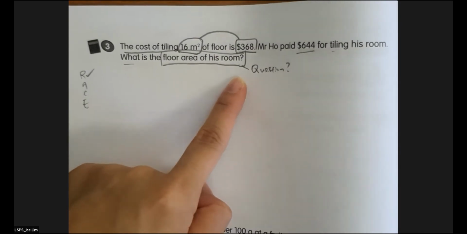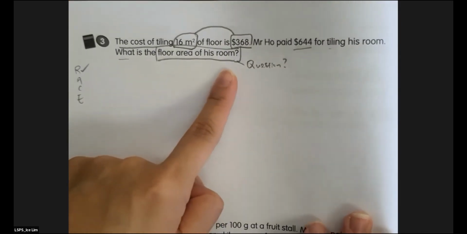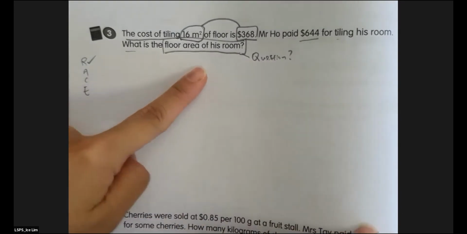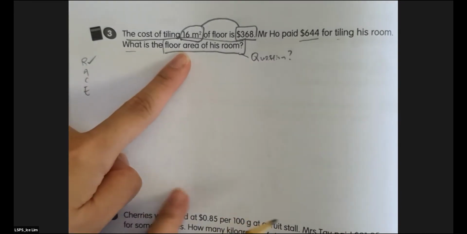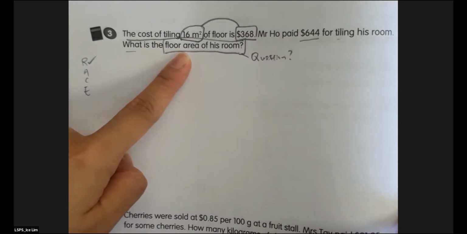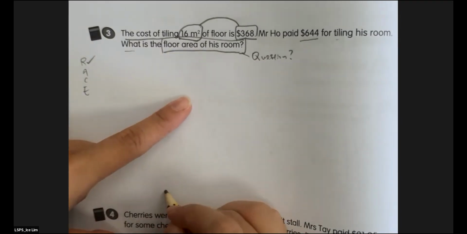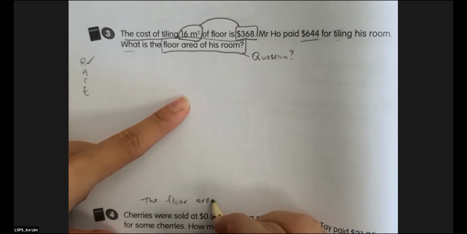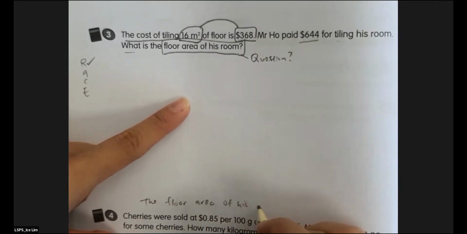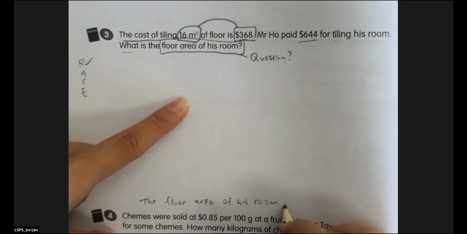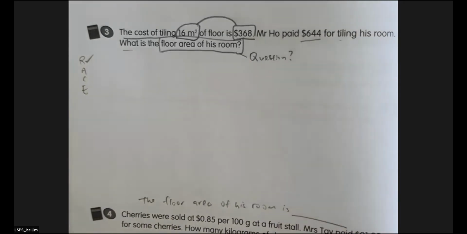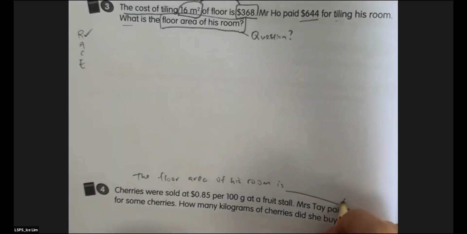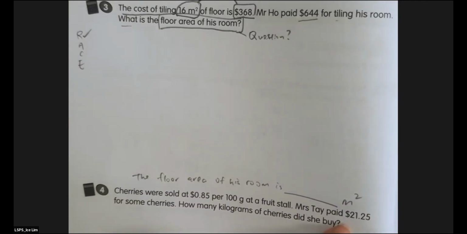For those of us whose teachers teach us finding word statements, you will know that the final answer will be something like, the floor area of his room is, and the last part here should end off with the unit square meters.